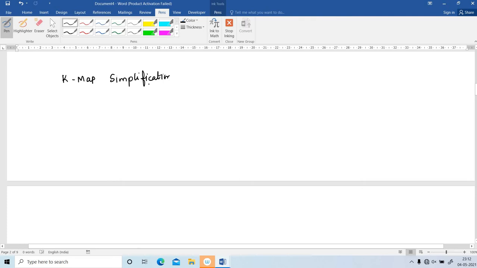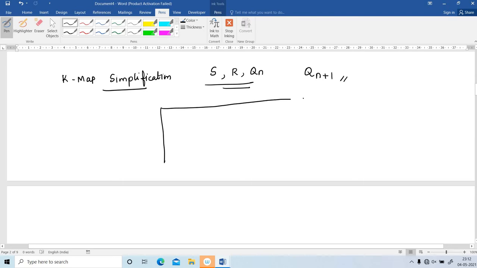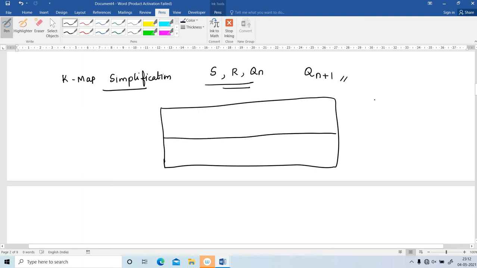For the K-map simplification, I am going to take S, R, Qn. Using this, I am going to find out the equation for Qn plus 1. So S, R, Qn, only 3 variables. 3 variables means 2 power 3, 8 cell coordinate map is needed.